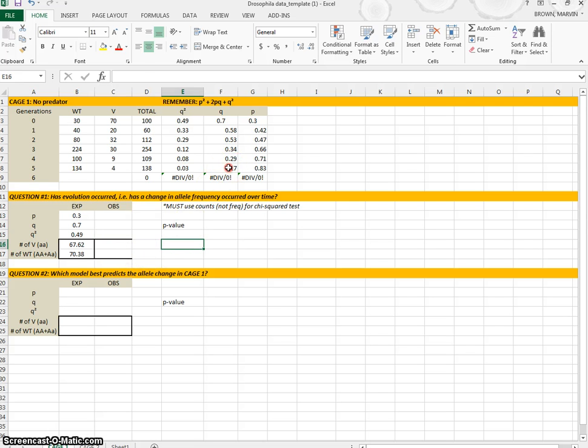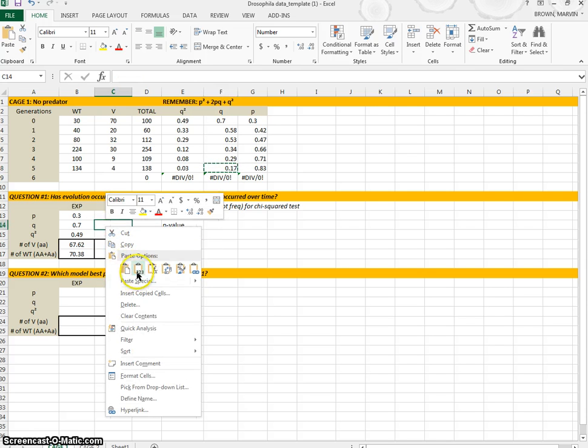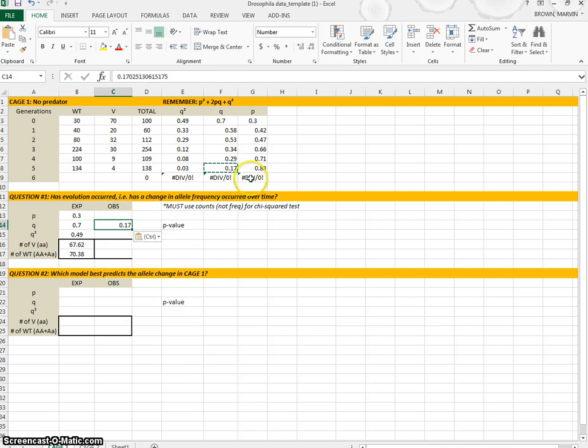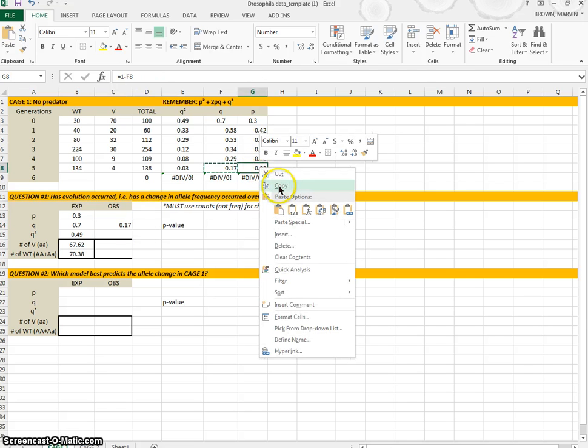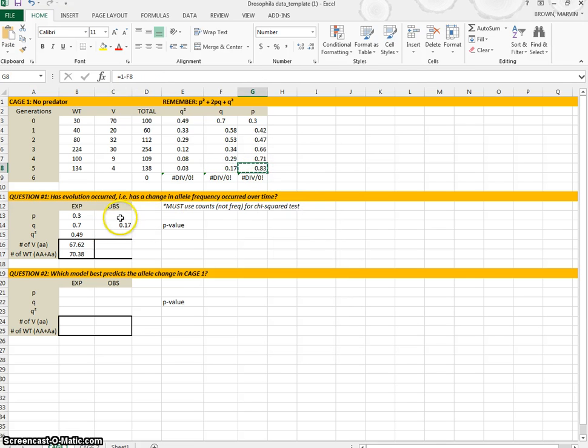Okay, Q is there, and just paste values so it doesn't paste any formulas with it. Copy and paste P, and there's that. Now we should be able to pull this over, making the function.